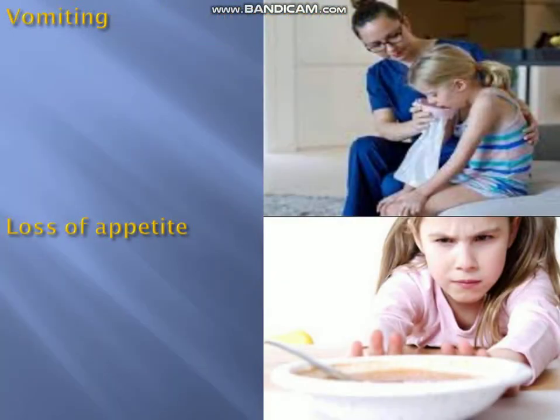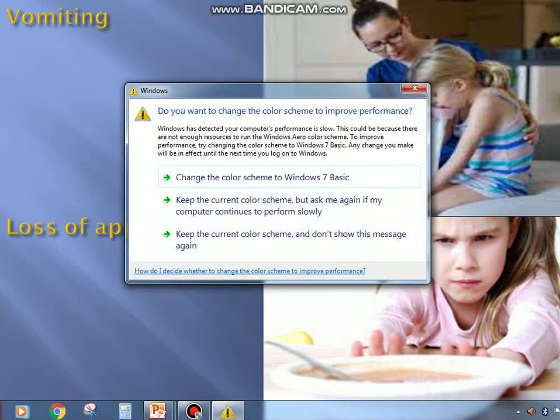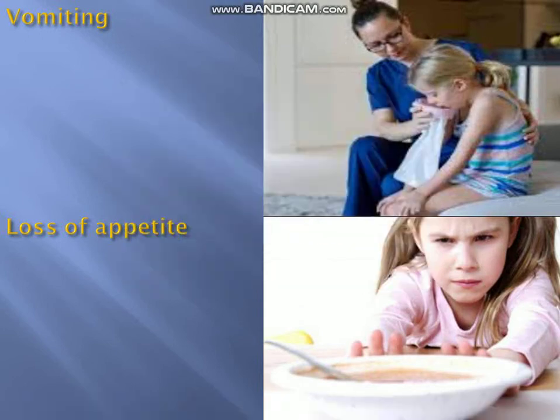Another one is vomiting. Attention must be paid to the color. The child begins by vomiting the food that he ate, then it turns yellow and finally green, which means emergency help is needed. Also note the timing of vomiting, whether immediately after food or at a certain time. Another one is loss of appetite.